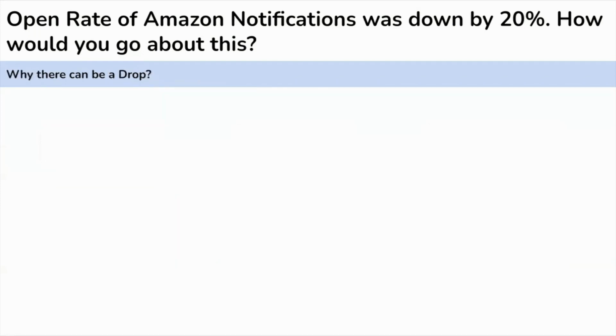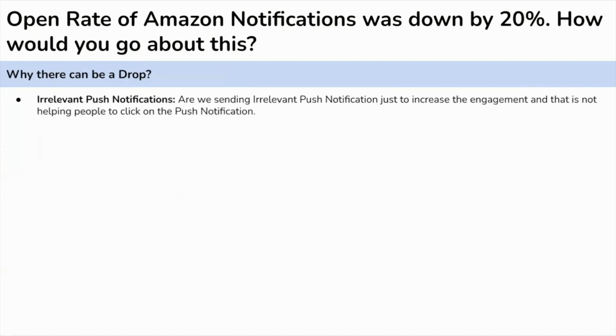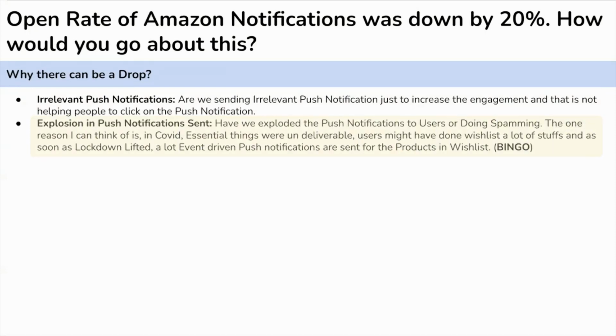That is what is happening here. So what can be the potential hypothesis for this drop? The first hypothesis is we are sending irrelevant push notifications, or we have changed the way we are sending them, the text style or the image or the color of the notification, but that wasn't the case. The second thing can be that this occurred just after the first lockdown got lifted. It might be the case that during the lockdown, many items were unserviceable and undelivered, right?